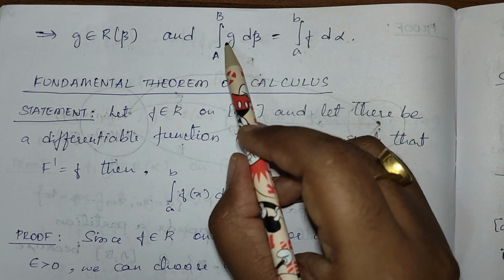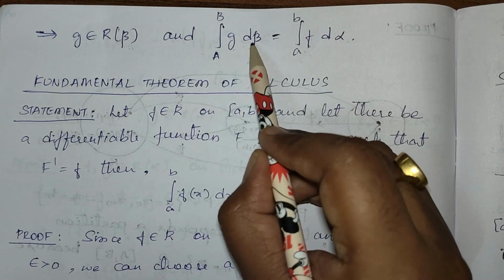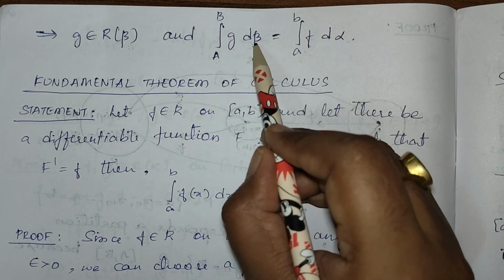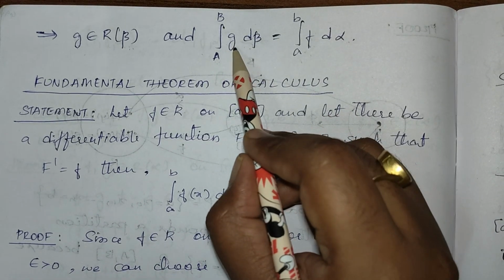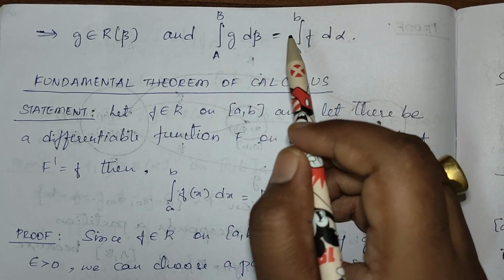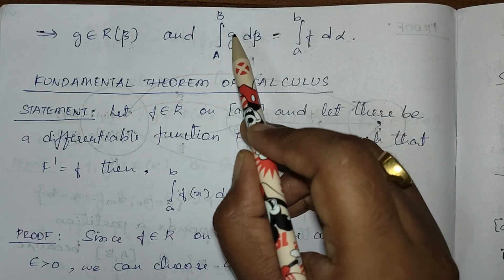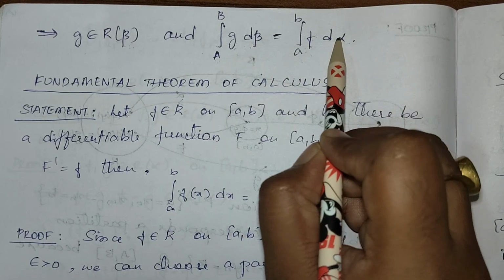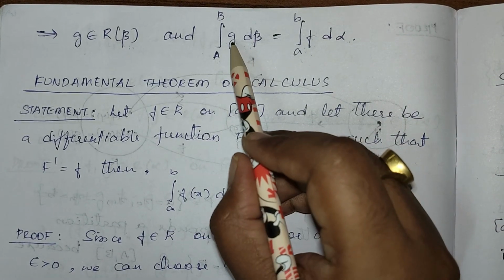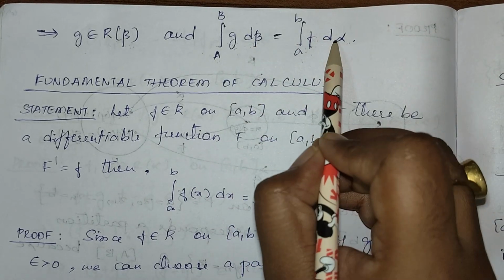And here, g belongs to R of beta means integral a to b g d beta is equal to its upper integral as well as equal to its lower integral. So we know that the upper sum of g is equal to the upper sum of f with respect to beta and alpha respectively, and also that the lower sum of g is equal to the lower sum of f with respect to beta and alpha respectively.